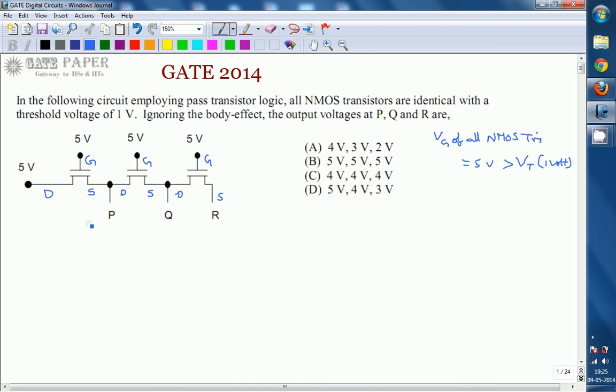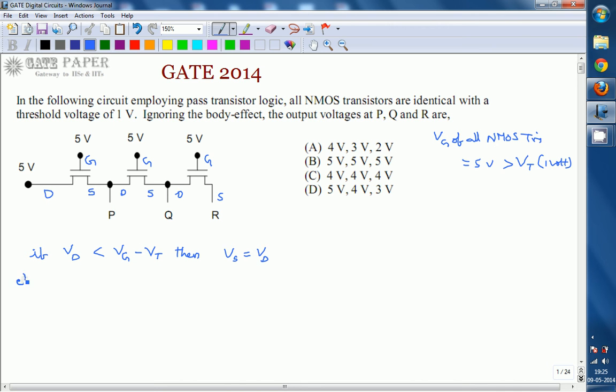This condition is very important. If the drain voltage is less than Vg minus Vt, then the source voltage follows the drain voltage. That is, whatever drain voltage you apply will appear at the source if the drain voltage is less than Vg minus Vt.